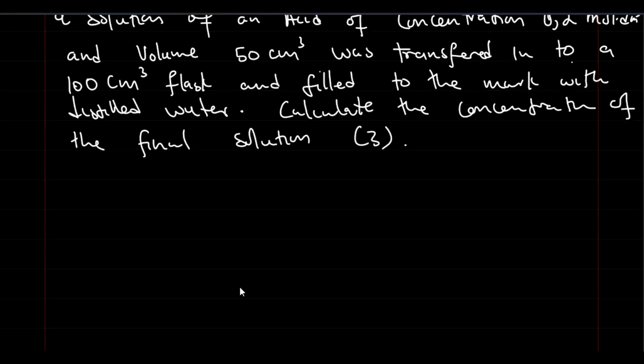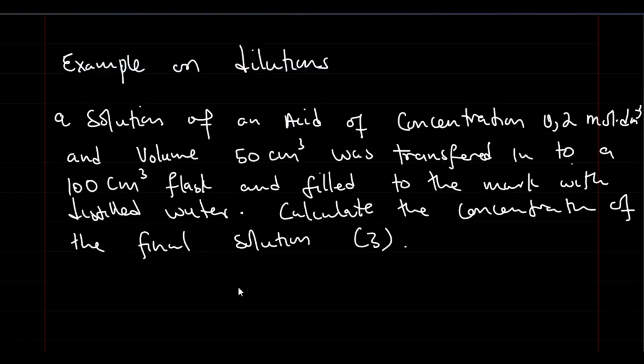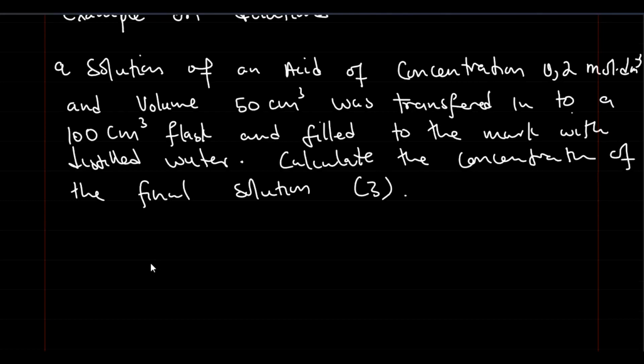Filled to the mark with distilled water tells us that the new volume is 100 cubic centimeters, the final volume. So the information that we have: before dilution we have C1 and V1, right?